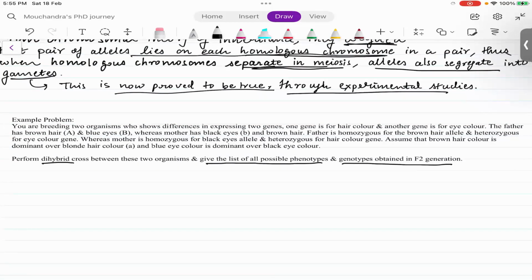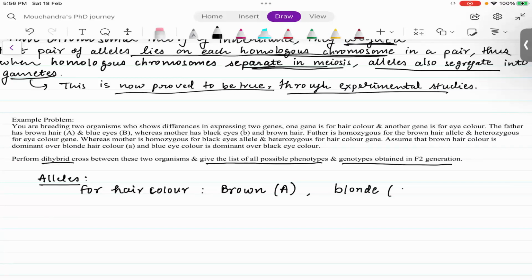Now let's first list the alleles. For hair color, there are two alleles. Brown, represented with capital A, is the allele that gives brown hair color when expressed, and the other is blonde, represented with small a.